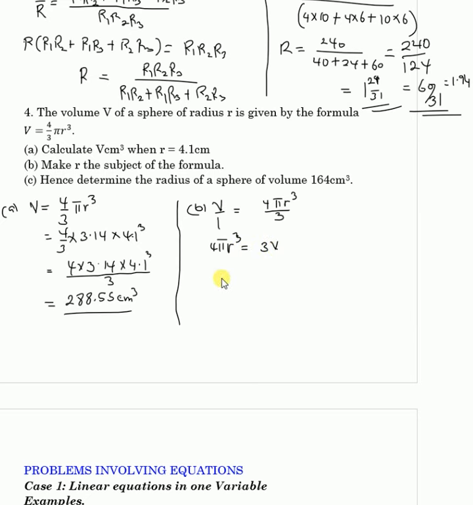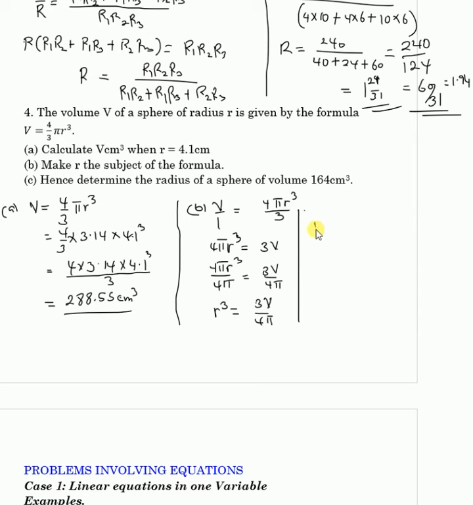3V. Then we shall divide through by 4 pi, because we want to remain with r alone on the left hand side. So we have 4 pi r cubed divided by 4 pi is equal to 3V divided by 4 pi, and r cubed now is equal to 3V divided by 4 pi, and we shall get the cube root on both sides.